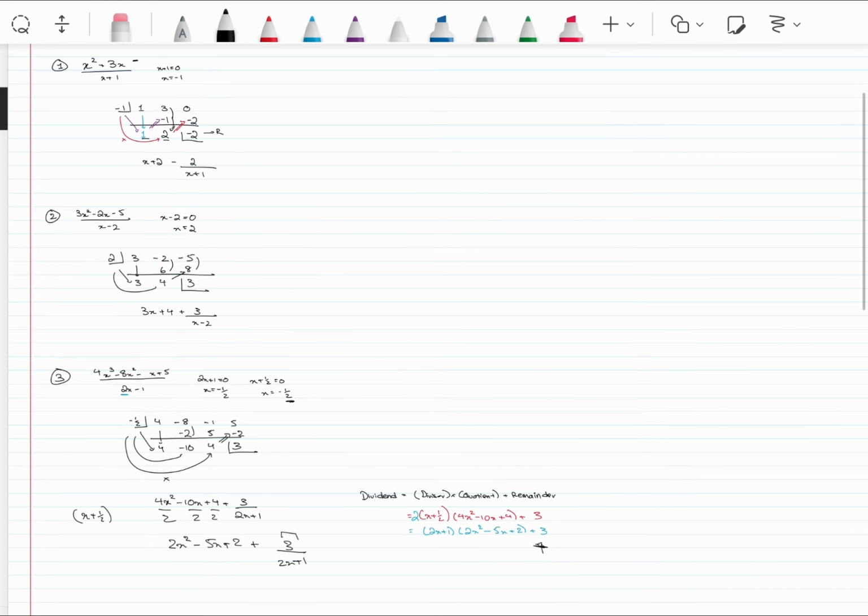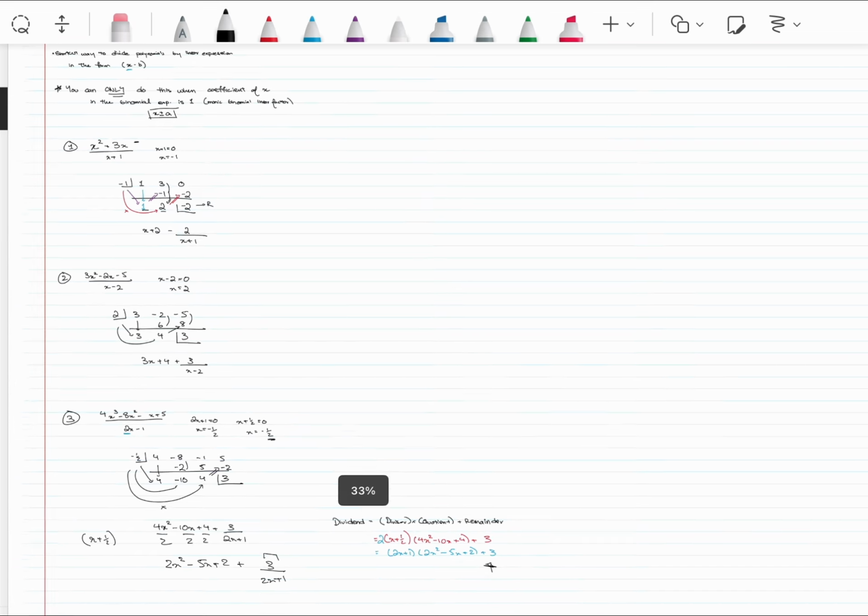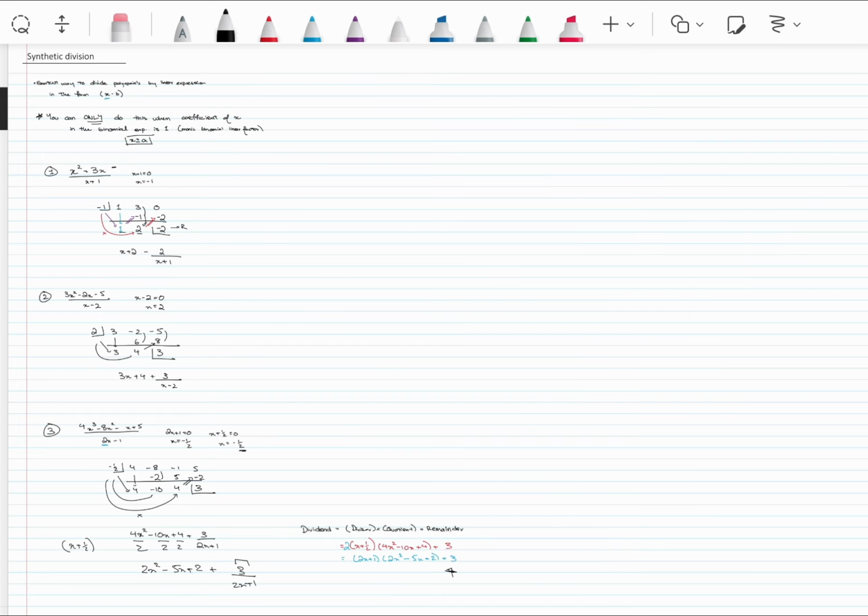So yeah, synthetic division is a really useful, faster way to divide polynomials as long as your divisor is linear. And you have to adjust and be careful in case your divisor has a coefficient other than 1.